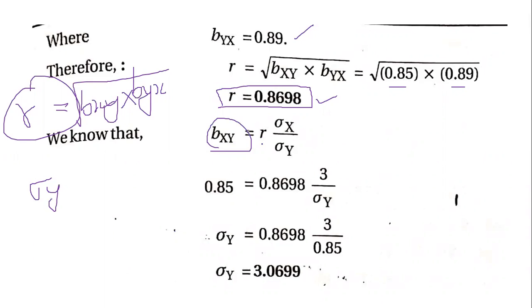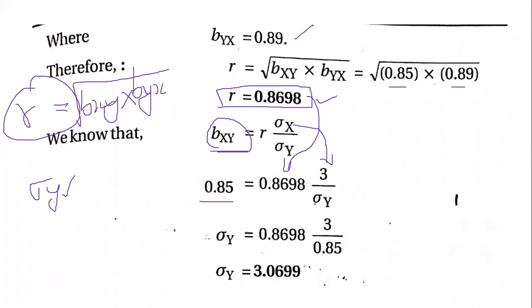bxy is equal to r into standard deviation of x by standard deviation of y. In this formula, we know all the numbers except standard deviation of y. So bxy is 0.85, r is 0.8698, and standard deviation of x is given in the problem, that is 3, divided by standard deviation of y. Then you have to do the simplification.